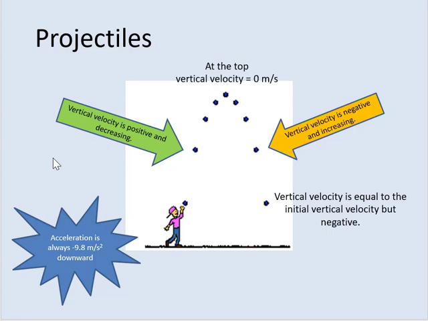At the very top, that ball stops and turns around. So at the very top, the velocity is 0. It turns around and then starts to come back down. And so now the velocity is increasing, but it's in the downward direction, so it's negative.